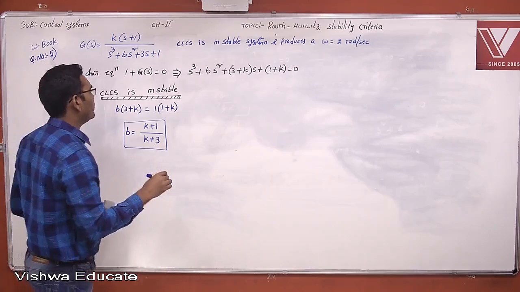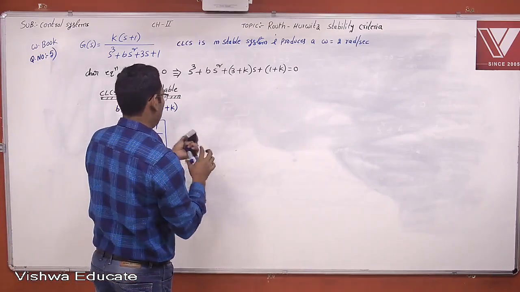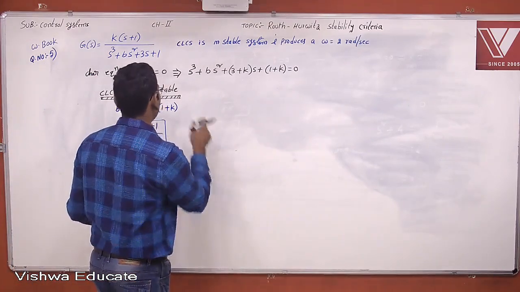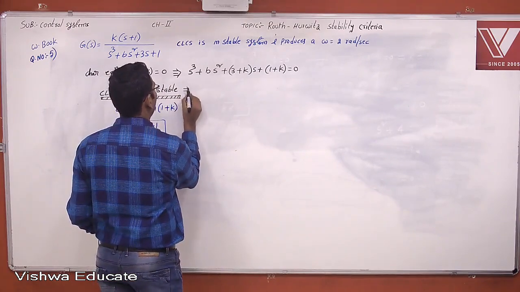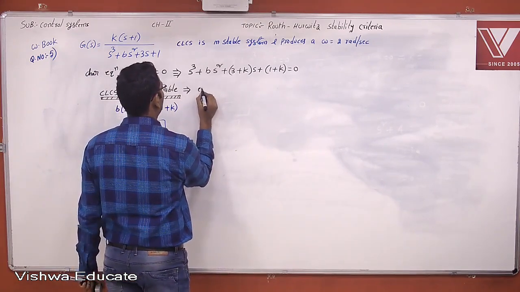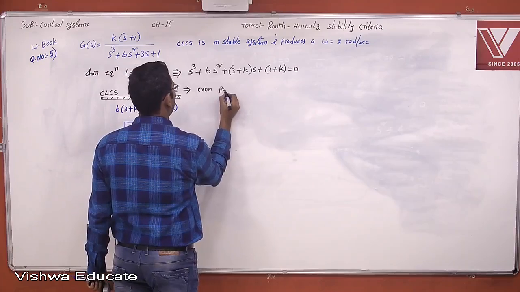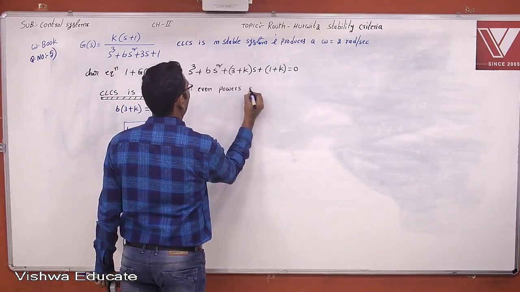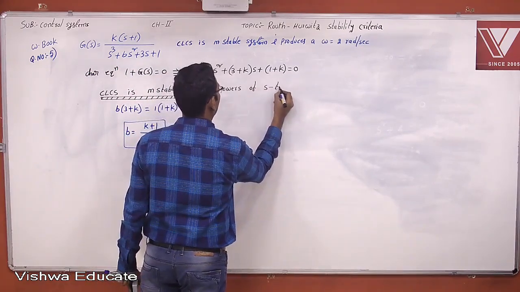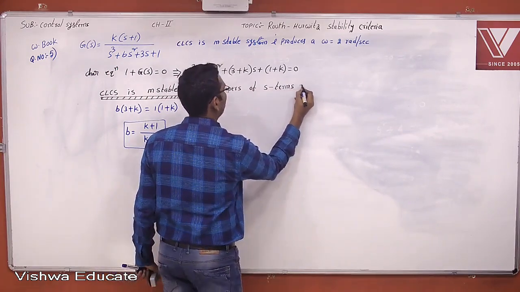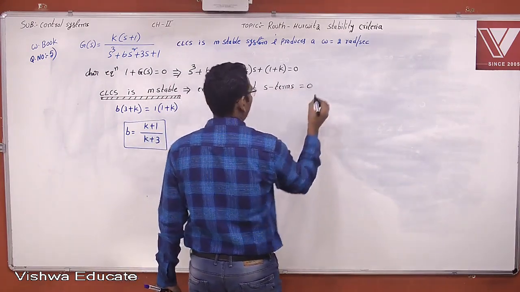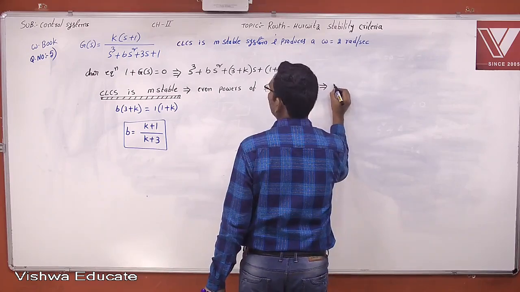And how to find the frequency of oscillations? To find the frequency of oscillations, if the system is marginally stable, the even powers of s terms in the characteristic equation are made equal to 0.